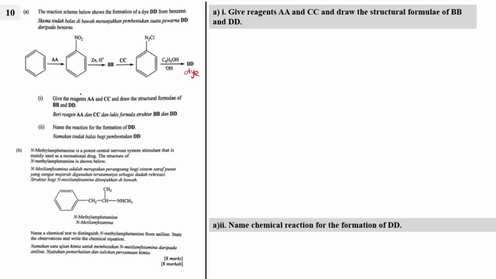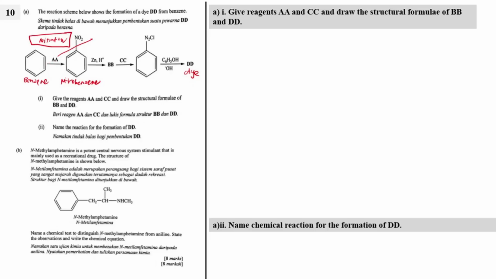D. So from here, you start off with benzene. From benzene going to nitrobenzene, we need a reagent where it will undergo the process of nitration. As you have learned in the chapter of benzene, benzene can be converted into nitrobenzene by using a certain reagent.